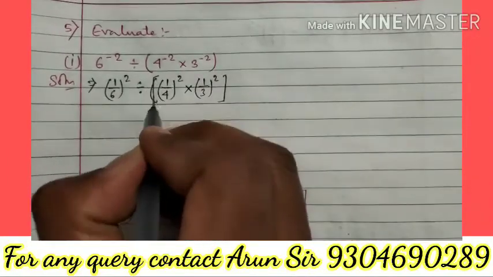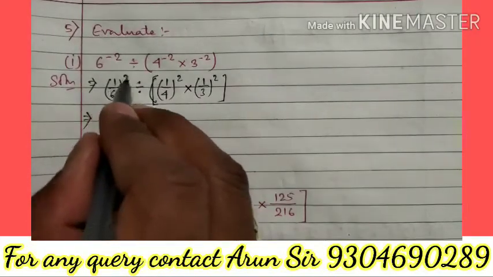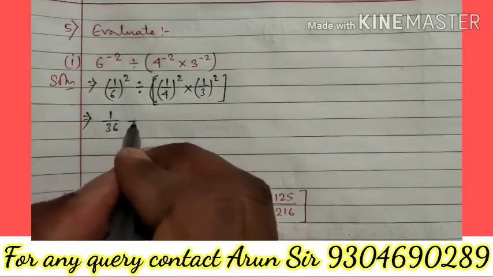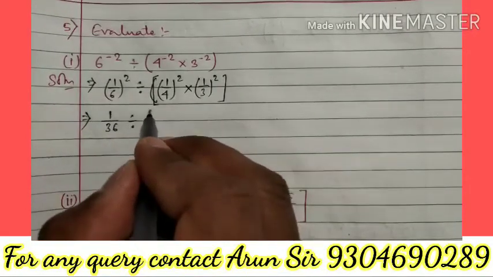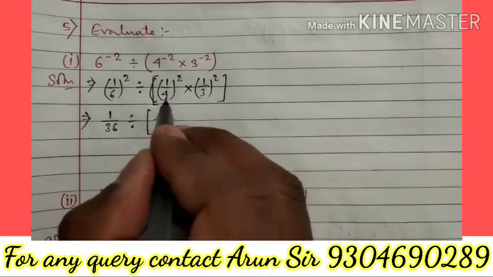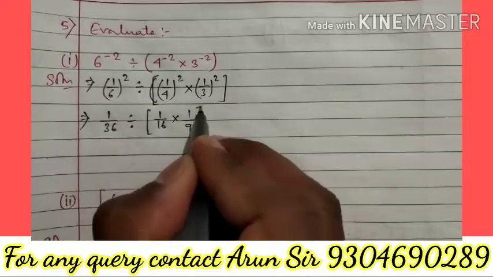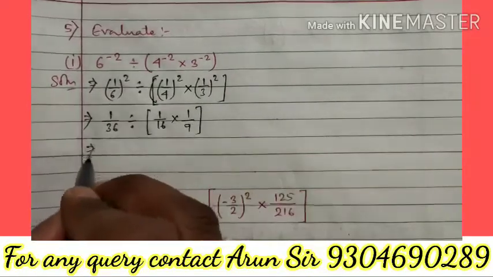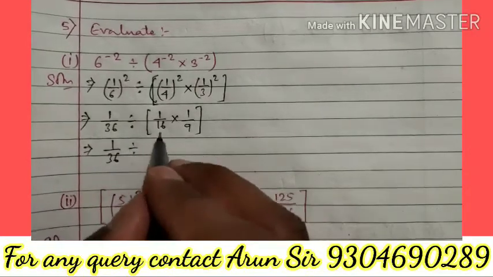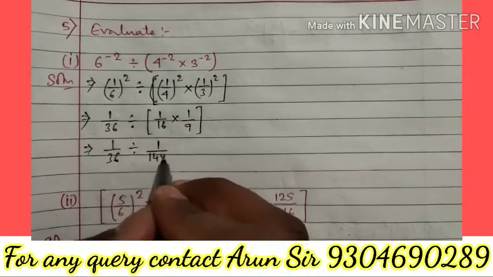Now we will solve the term given inside the bracket first. This one, 1 square 1, 6 square 6 6 is 36, divided by 1 square 1, 4 4 is 16, into 1 by 3 3 is 9. In the next step, 1 by 36 divided by 1 into 1 1, 16 9 is 144.